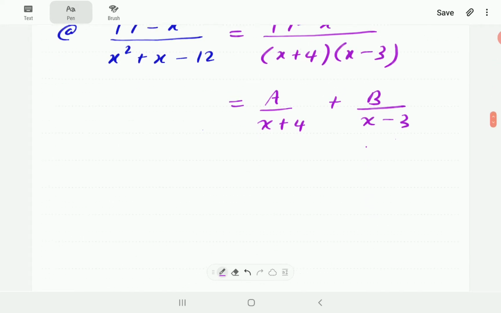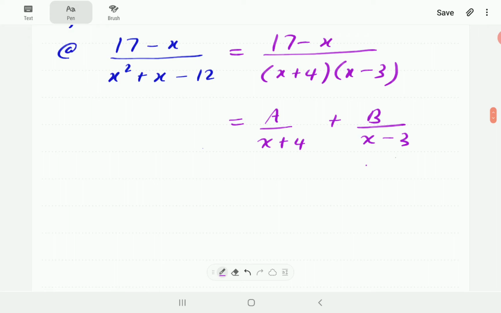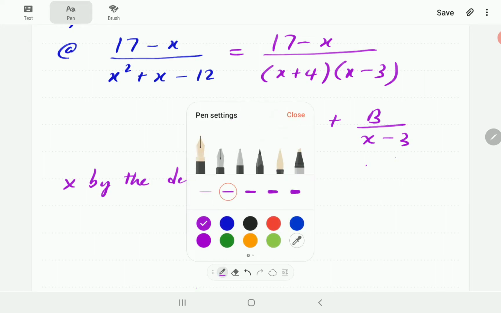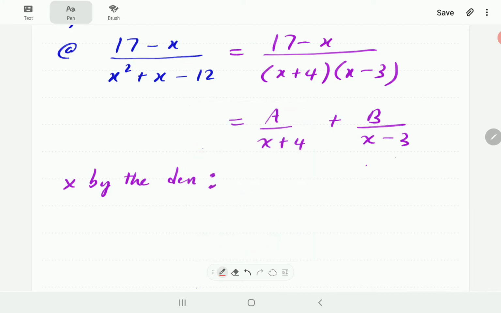The first thing we need to do here is to multiply everything by the denominator. So we're going to multiply everything by this term here.